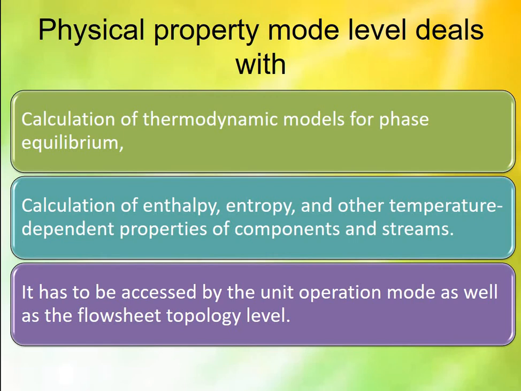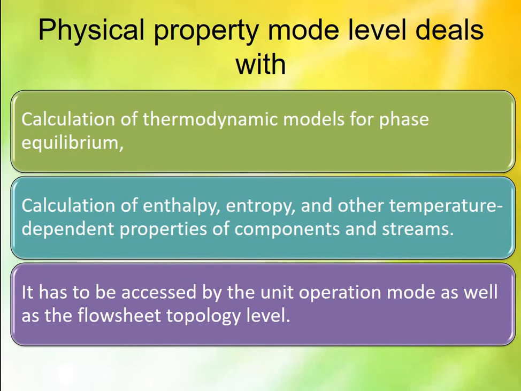And then the third level is called the physical property model level. It deals with calculations of thermodynamic models for phase equilibrium, calculations of enthalpy, entropy and other temperature dependent properties of components and streams. So it has to be accessed by the unit operation model as well as the flowsheet topology level.